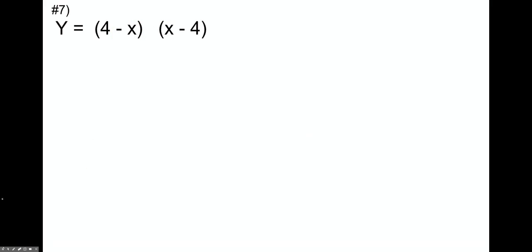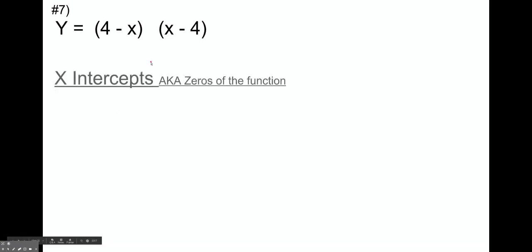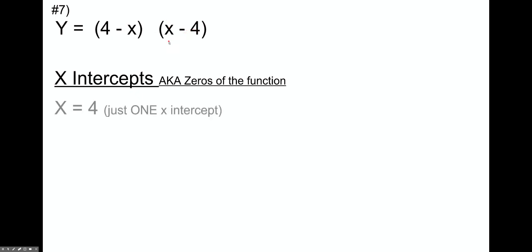All right, so the x-intercept is going to be, I'm going to go back. These two are actually the same answer. It's just switched around. We did some like this last video. So x is just going to equal positive 4 for the x-intercept. And it's the same answer for both.